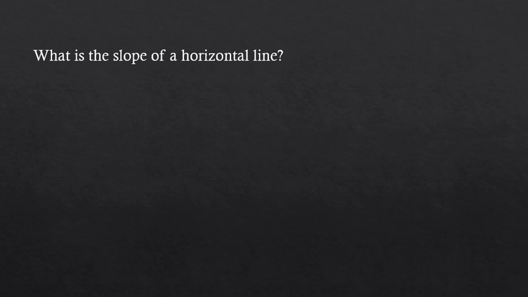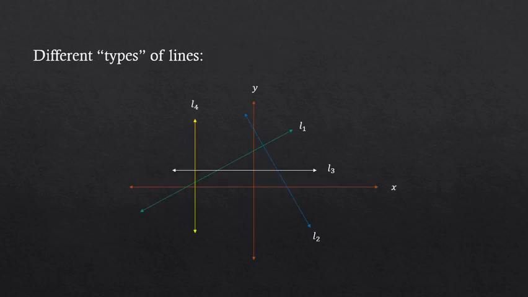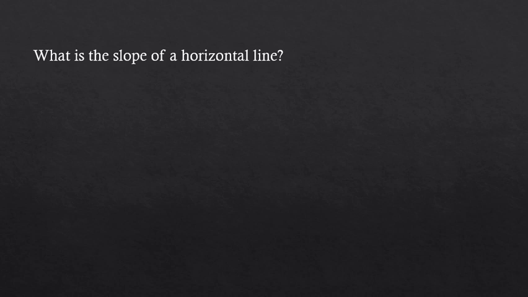So going back to our diagram where we had 4 different kinds of lines here, we saw that we had this white line here, L3. And that line was completely flat. It doesn't go up or down as we move to the right there. So we want to know, what is the slope of a horizontal line?